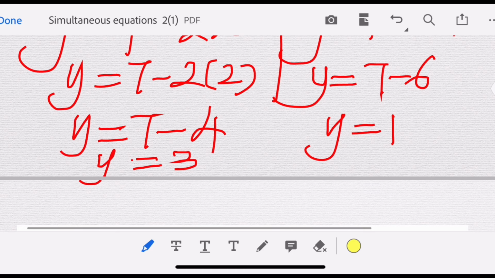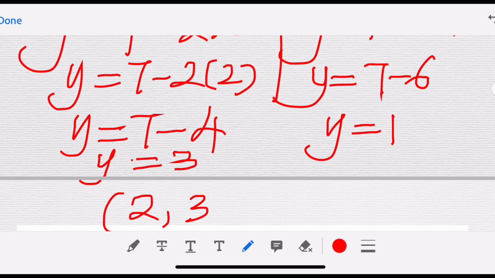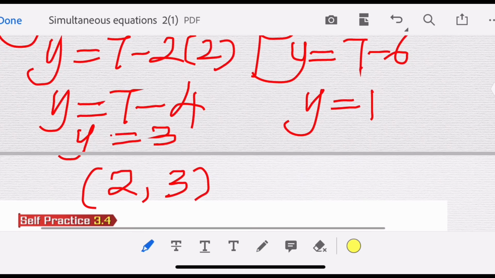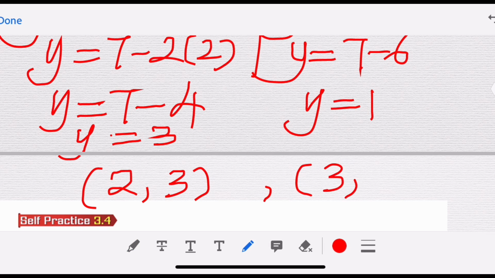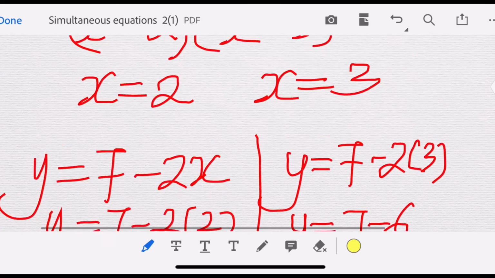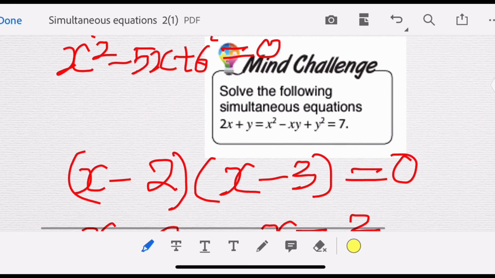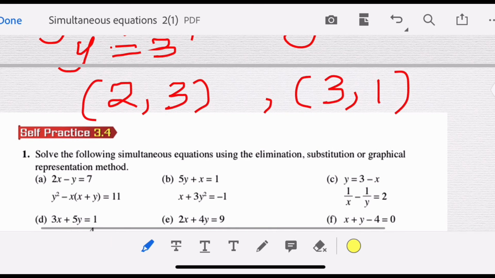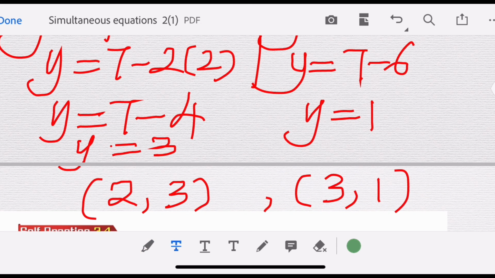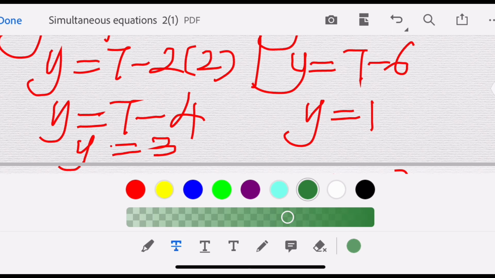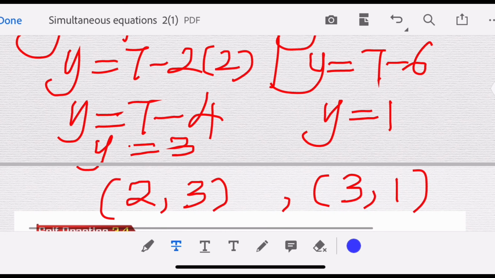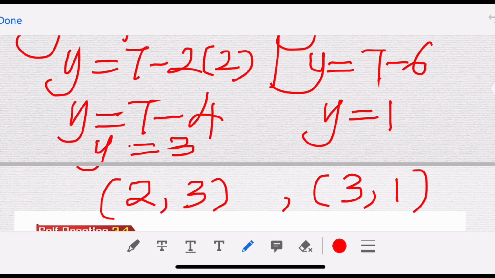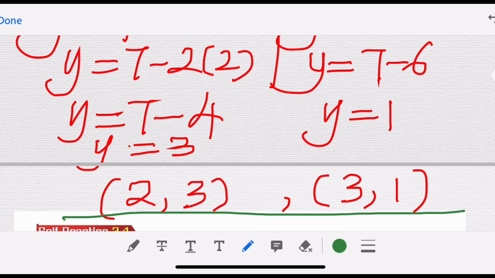So that means I have 2 points, (2, 3) and one more is (3, 1), which are the solutions for this simultaneous equation. Okay, so I'm sure you understand. So I have two answers, which are (2, 3) and also (3, 1). So these are solutions for the simultaneous equation.